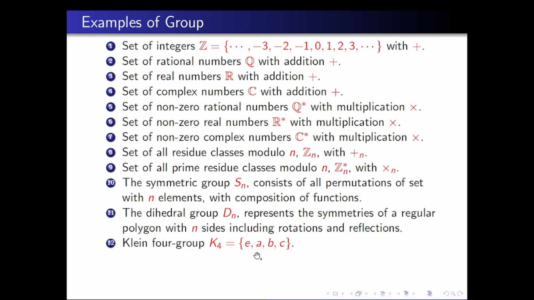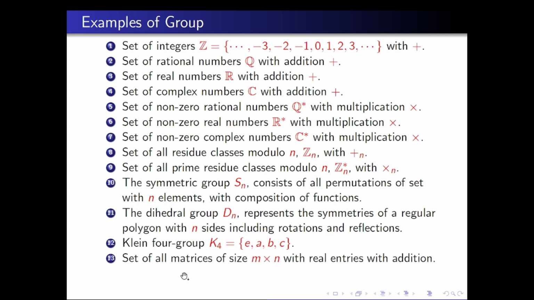In this group, if we take any two non-identity elements, then the product is nothing but the remaining non-identity element, and each element is its own inverse, and this set forms a group. Since this group contains only 4 elements and it was observed by the mathematician Klein, it is called the Klein-4 group.